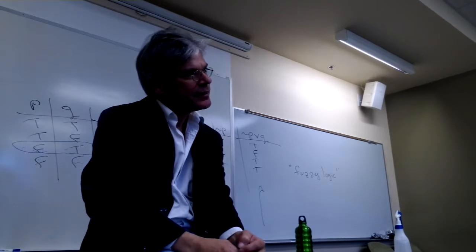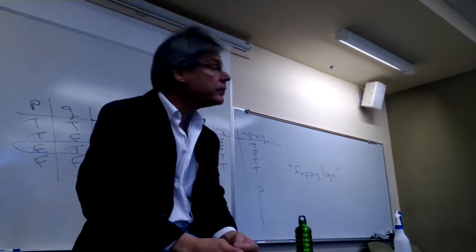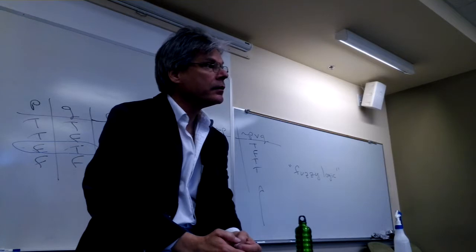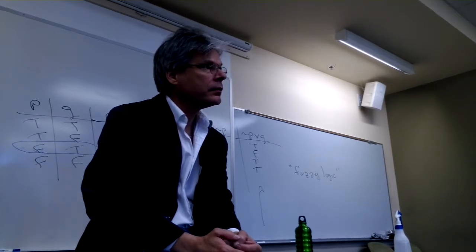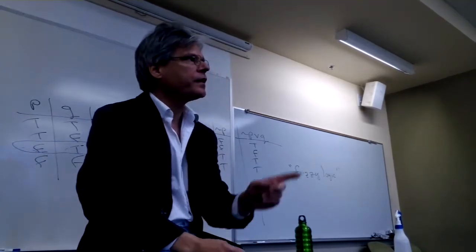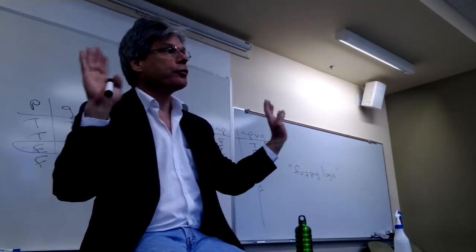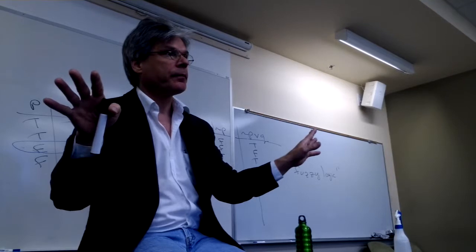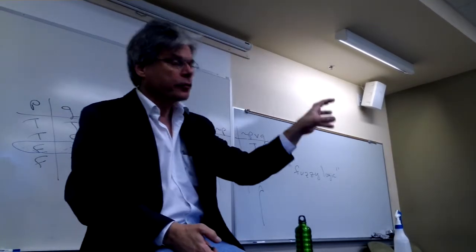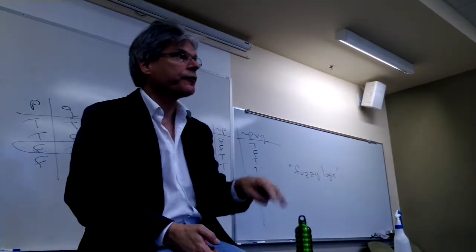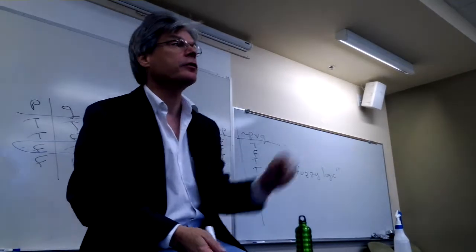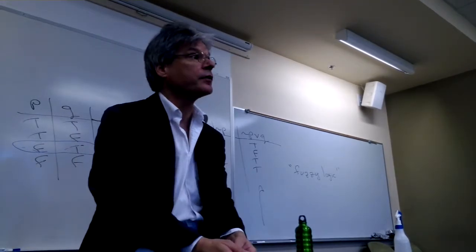So in the P arrow Q, if P is true, then Q is true, and if P is false, then Q is false? Quite the contrary. I'm saying the statement P implies Q, the whole statement, we're going to assign a truth value to it. If the premise is true and the conclusion is true, or if the premise is false and who cares about what the conclusion is, we'll consider that a true statement.